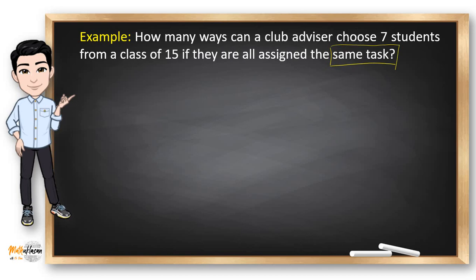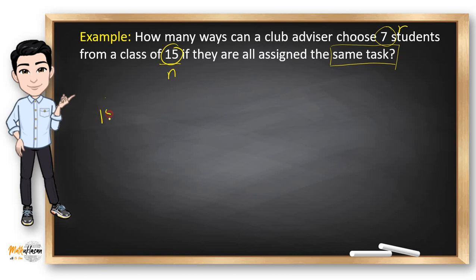So if in case different tasks will be assigned to these students, then you need to use permutation. But since the advisor just needs to choose 7 students from a class of 15, then this is just a classic example of combination. Now, N here is 15, while R is 7.